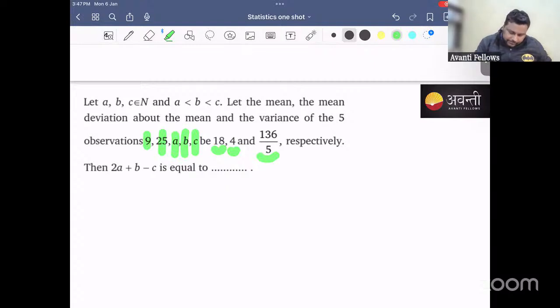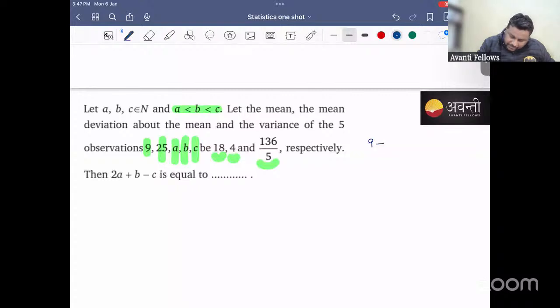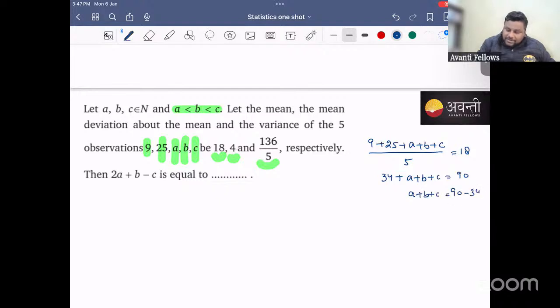First of all, this is extra info which I think will be used while taking modulus in mean deviation. See, one info is 9 plus 25 plus a plus b plus c whole divided by 5 is 18. That means 34 plus a plus b plus c will be 90. So a plus b plus c will be 90 minus 34, that is 56. So one relation is a plus b plus c came 56. Understood?